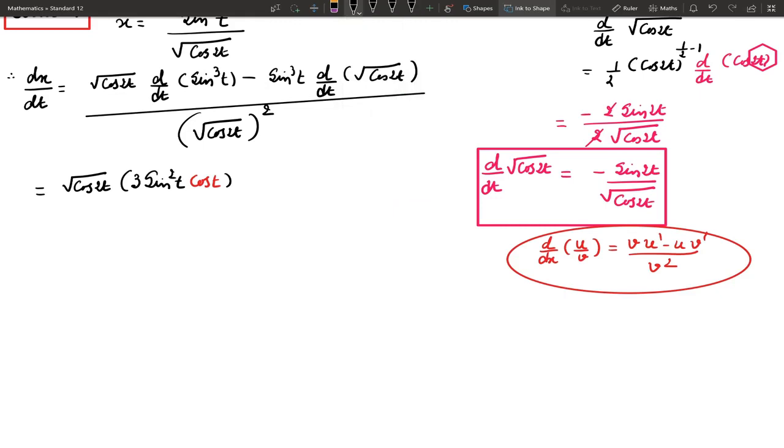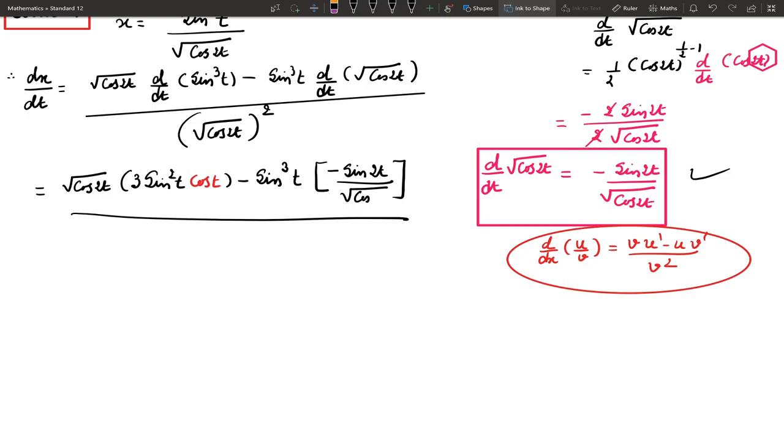Minus sin cube t into d by dt of root cos 2t, which is minus sin 2t upon root cos 2t, upon root cos 2t whole square. So the simplification is cos 2t.